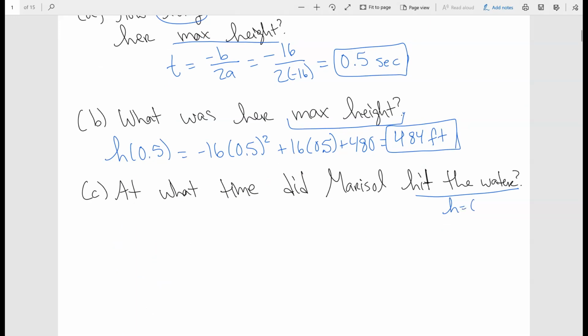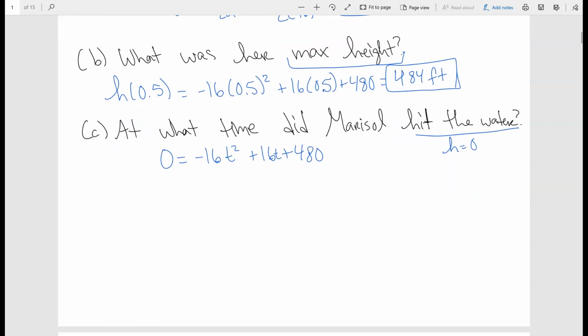Her height is 0. So it's kind of like you're finding the x-intercepts. So you're going to have 0 is equal to negative 16t squared plus 16t plus 480. Now at this point, you can try to factor it. If you can't factor it, I think the easiest way to go about it is to just use the quadratic formula.